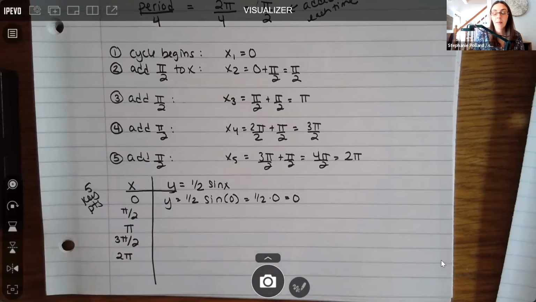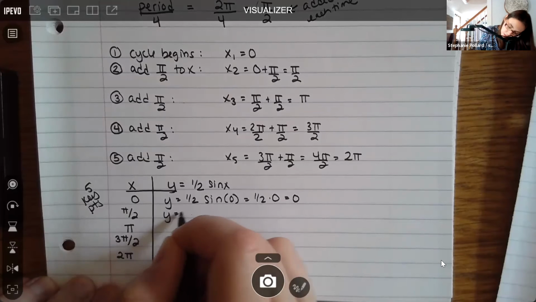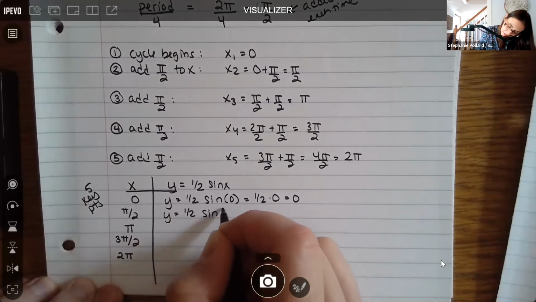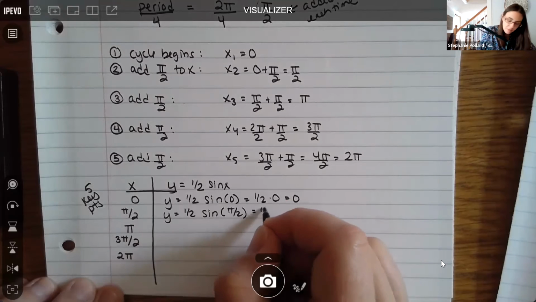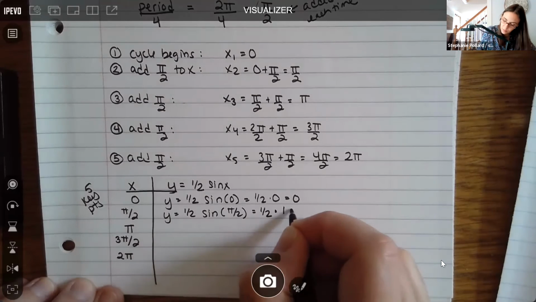So I have 1/2 times the sine of 0. Sine of 0 is 0, so 1/2 times 0 is 0. Then 1/2 times sine of pi over 2 for the next one. Sine of pi over 2 is 1, so this becomes just 1/2.